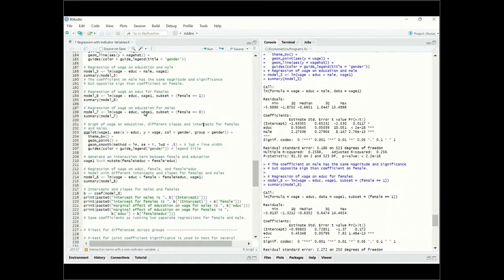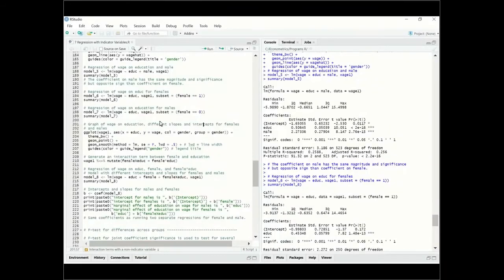Notice that in this model we cannot include female or male because we already split the data for females and males. Here all the females are 1, and here all the females are equal to 0. So we cannot add the variable female or male into these regressions anymore. That's an alternative way of estimating these two models separately for males and females.